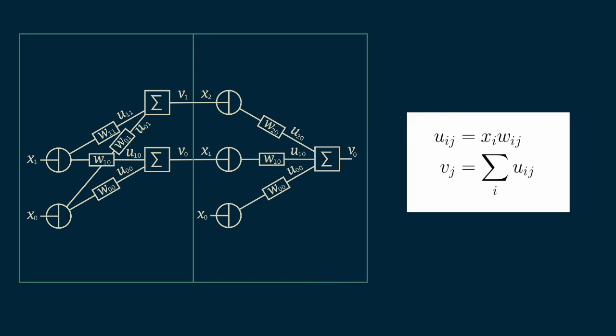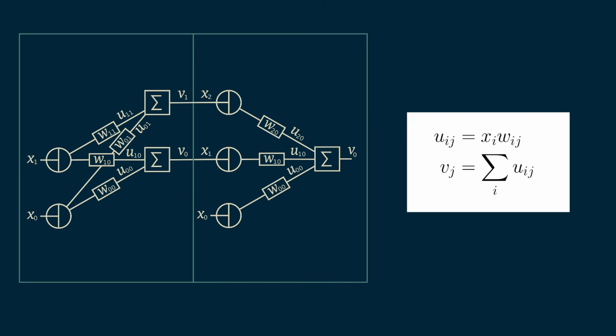So now if I'm connecting the ith input to the jth output, then I and j will determine which weight is applied and which u's get added together to create the output v sub j. And we can do this as many times as we want. We can add as many of these shared nodes as we care to.